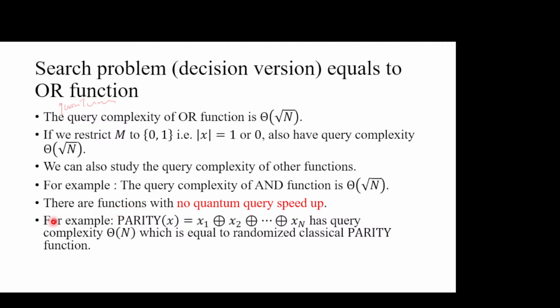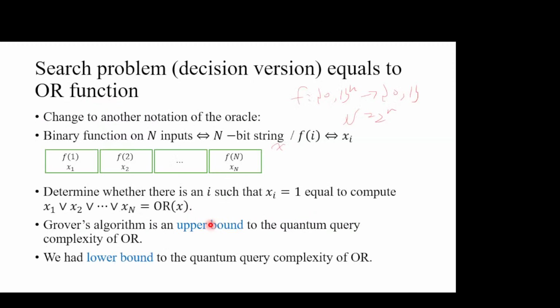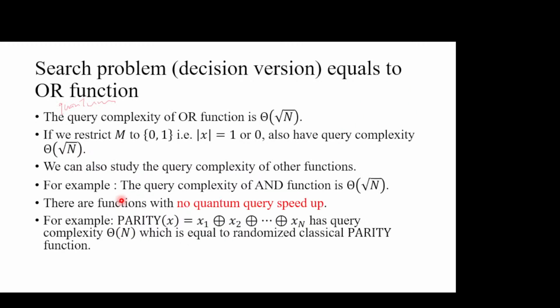And yeah, there are functions that have no quantum speedup. For example, there is the parity function, where you try to calculate the parity of your string. So you want to see whether the number of 1s in this string is an odd number or an even number. It's x1 XOR x2, all the way to xn.